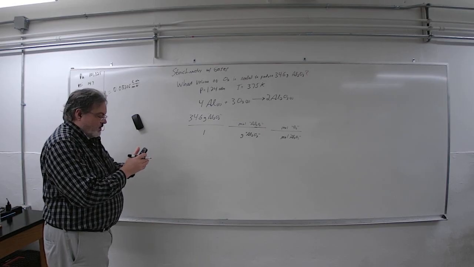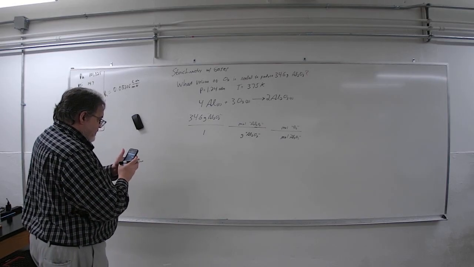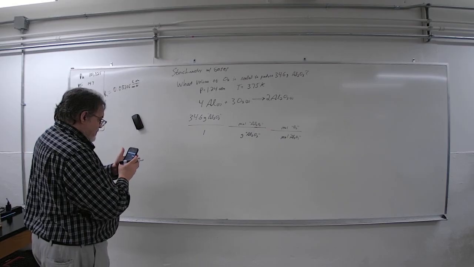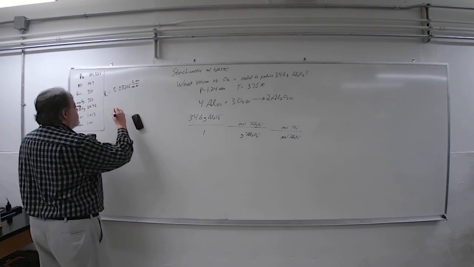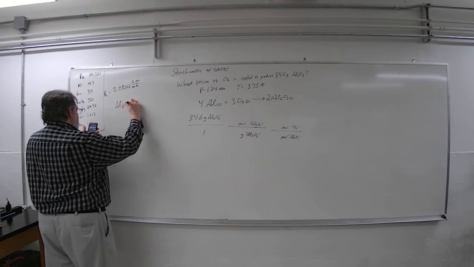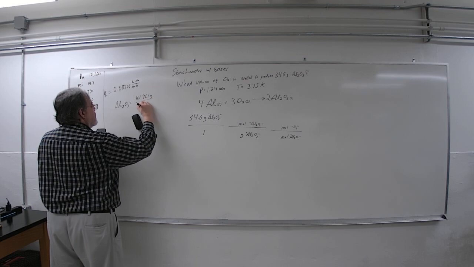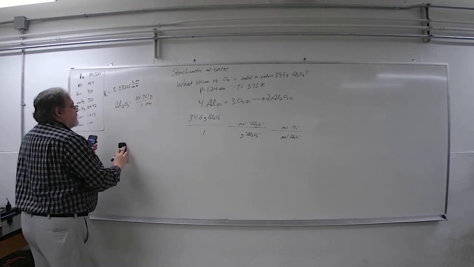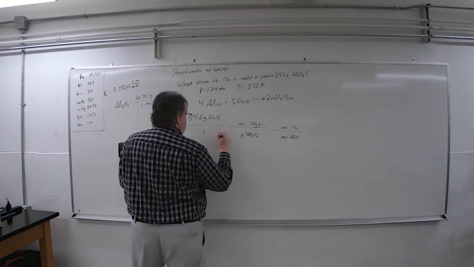Al2O3. So you find the grams per mole for Al2O3, that's what goes here.